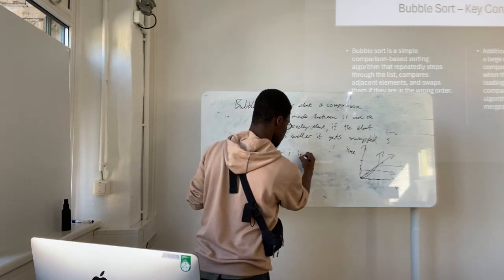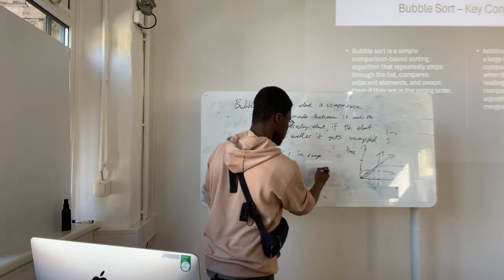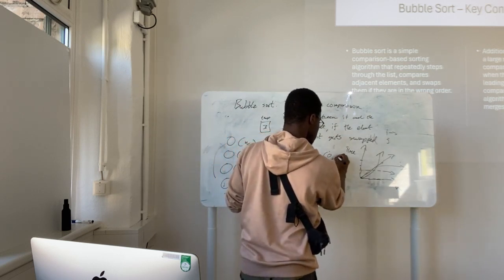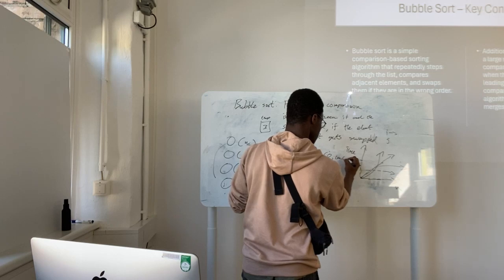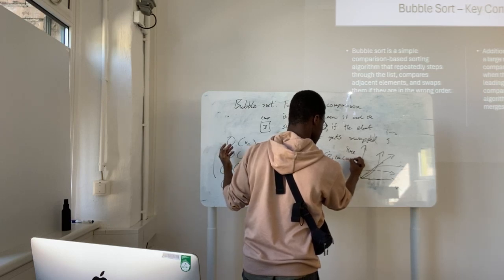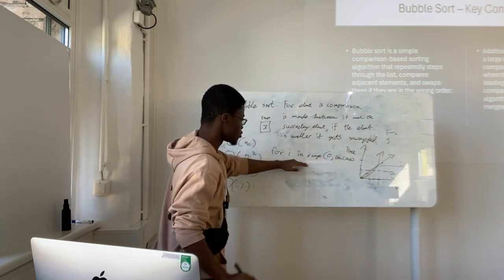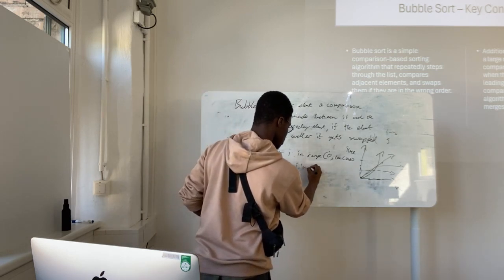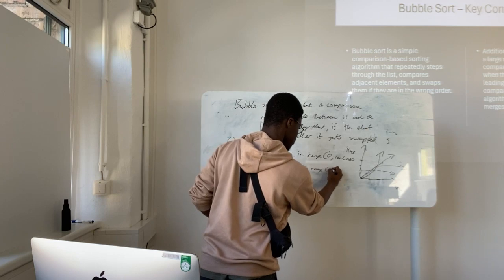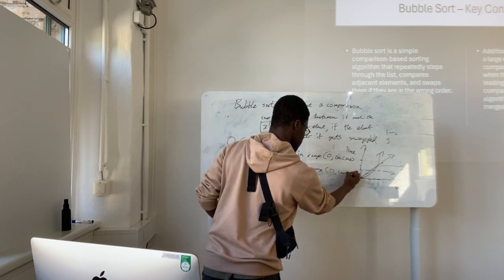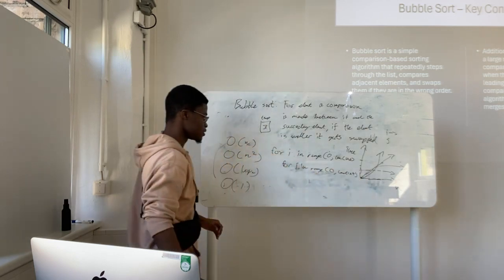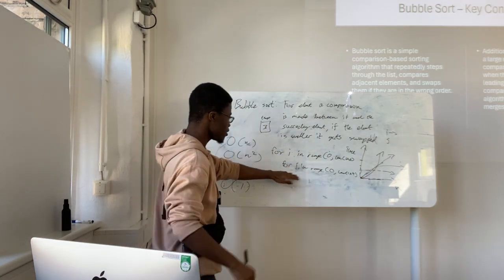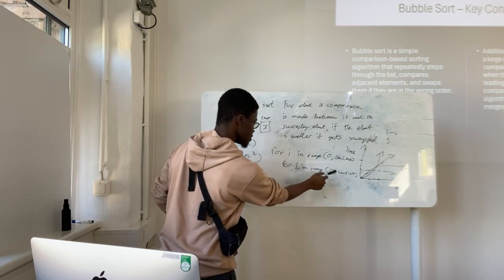Just to reiterate the way we'd implement the algorithm, for i in range 0 to the length of whatever list we're using, right? Then within this for loop, we have another loop ongoing, for j in range 0 until the length of the list, right? Another loop ongoing. So basically, we're going to iterate through this list.